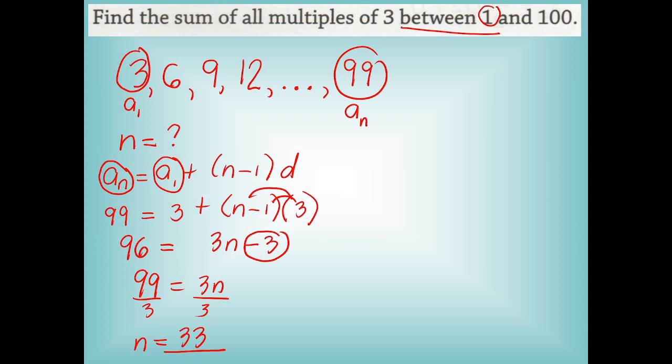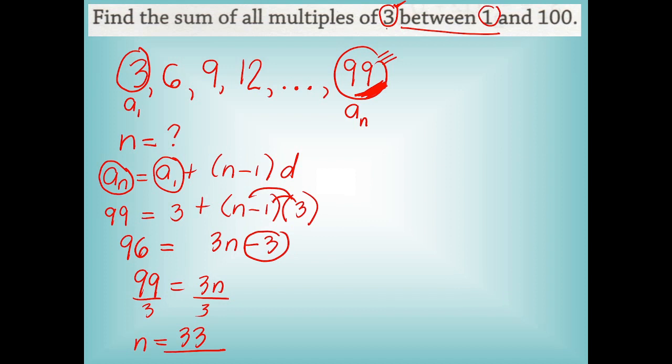What is the last term? 99. 99 divided by 3 is how much? Simple as that. That's your n. That's the last term divided by 3, which is a multiple of 3.